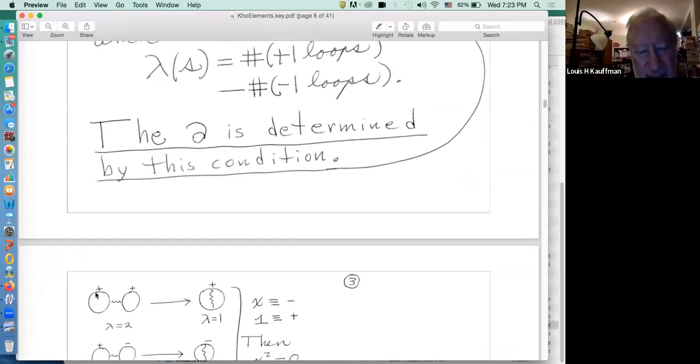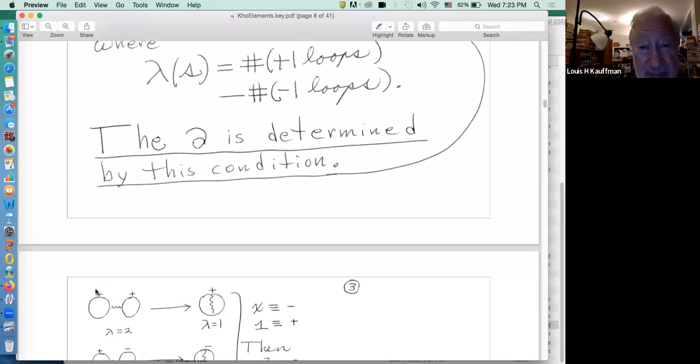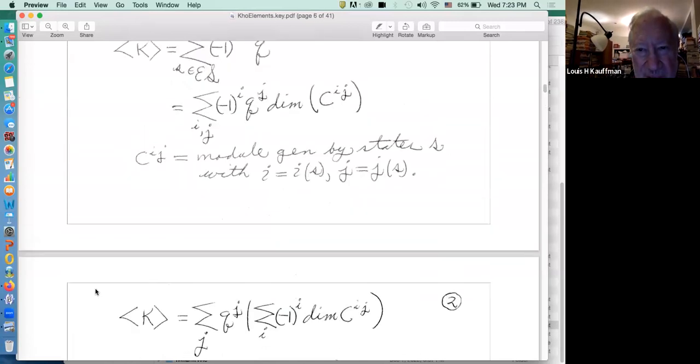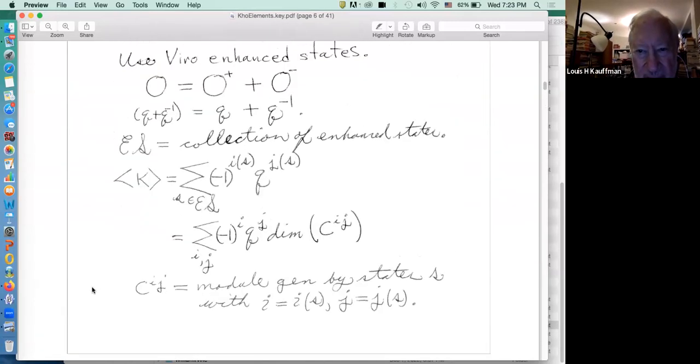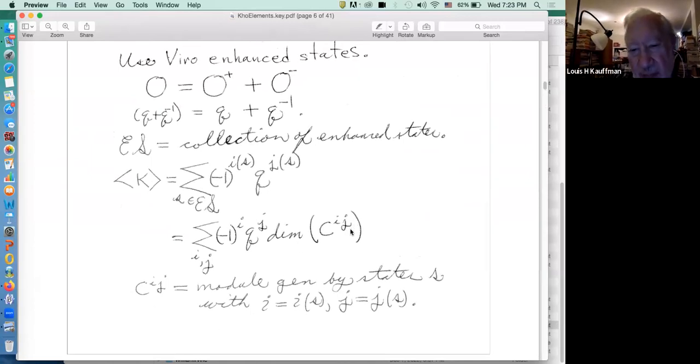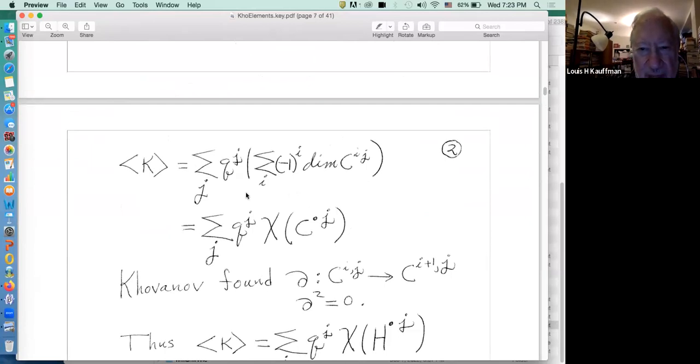This state has I equal to 0 because it only has an A smoothing, and it has j equal to 2. All right? So I'm adding them up, and I just say dim of Cij. It's a number of them. And so we could write it this way. It's a sum on j on the sum on I.